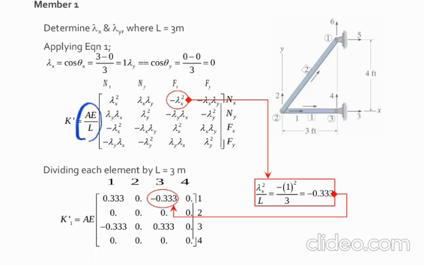A perfect way to keep yourself from any mistake is to put L inside the matrix. That means, for example, here as I put lambda X squared over L, each lambda is divided by L.